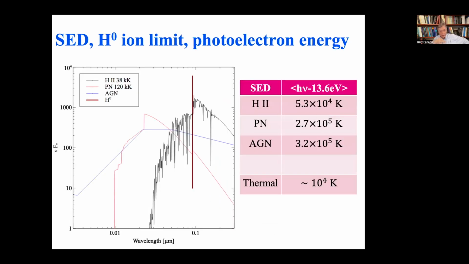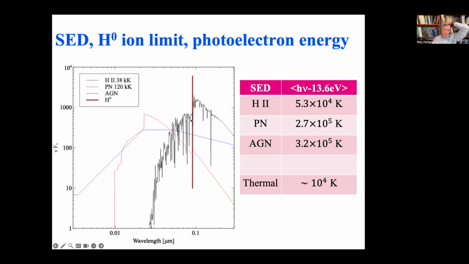We're going to be talking about heating the gas and what creates the temperature we see. Go back to our SEDs and think about this photoelectric heating. Take the incident radiation field and pick some energy, a high energy photon. If it's absorbed by hydrogen, the photoelectron has an energy given by h nu minus 13.6 eV.